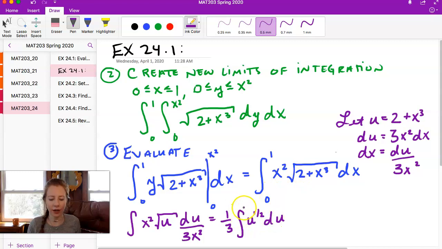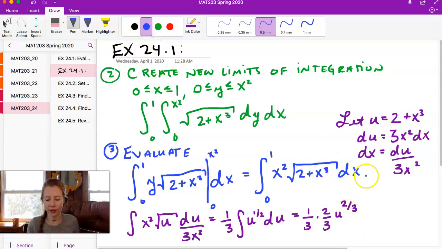If we integrate that, we end up with 1/3 times 2/3 u to the 3/2. All right, so now let's sub back in our 2 plus x cubed for our u, and let's evaluate.